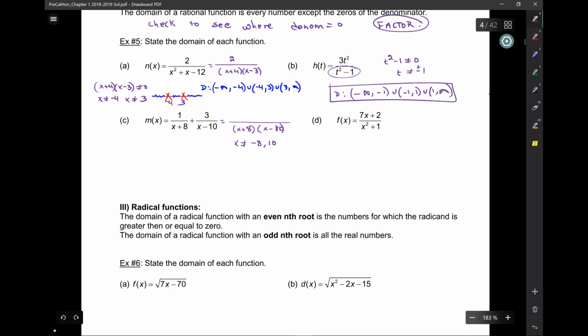Negative 8 and 10. So the domain is negative infinity to negative 8, and here's where you shouldn't write infinity and 8 in the same line, because I always transpose them. Then negative 8 to 10, and then 10 to infinity.